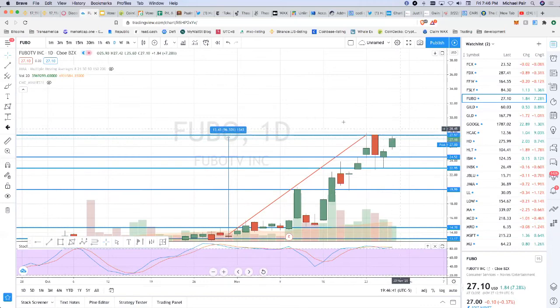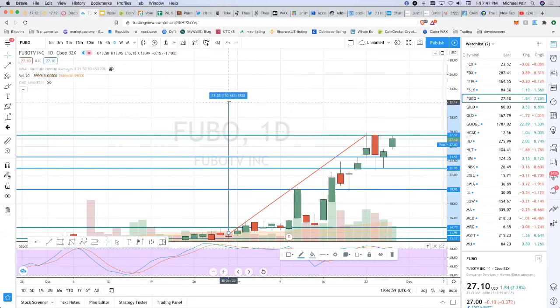Let's say if it gets up to, let's make it an even 100% right here at, what is that, 28.01. Say you scale out a quarter of your position at 28.01. And then say if it gets up to, say, 150%, which is the 30, almost 35, say you scale out another quarter of your position.